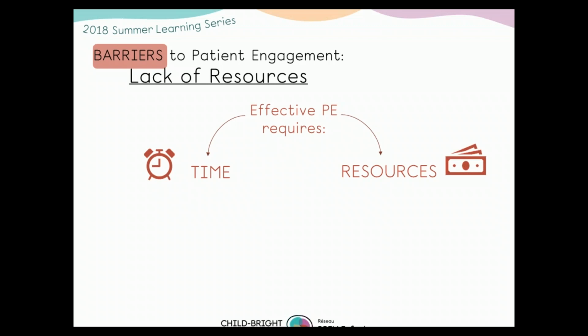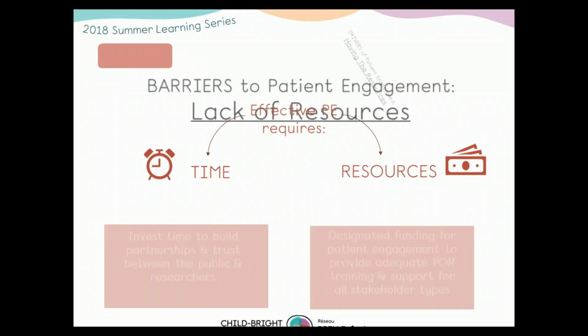And secondly, time. Patient engagement throughout the research process requires a more significant amount of time than research that does not. And ultimately, time is needed to build that relationship and trust to allow them to work in a collaborative manner. And ideally, these two factors are linked, in that if you were able to provide more resources, more time can be set aside to promote that activity.